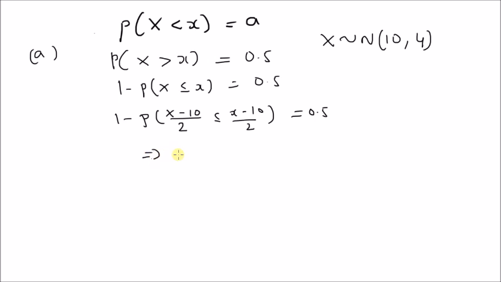This basically means probability of Z, the standard normal random variable which has mean 0 and variance 1, less than or equal to (x minus 10) divided by 2 is equal to 1 minus 0.5, that is 0.5.